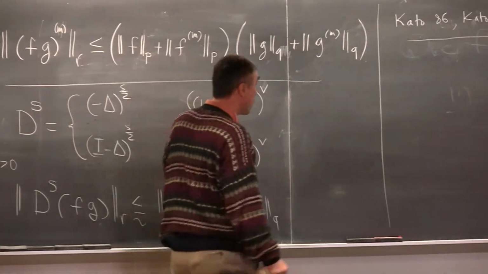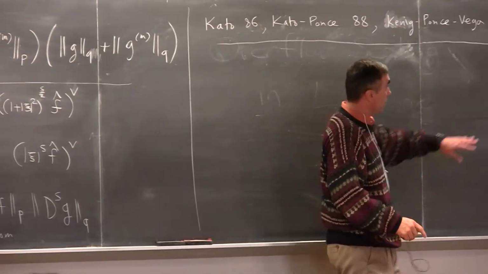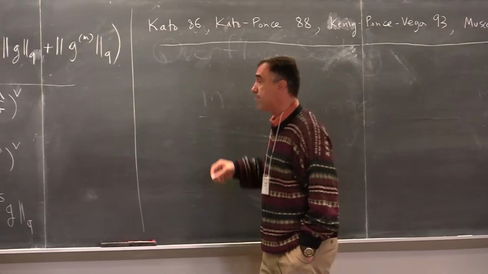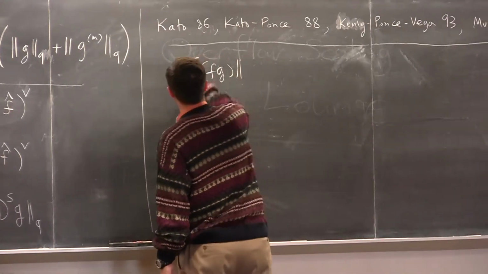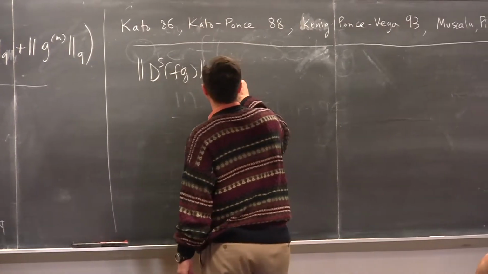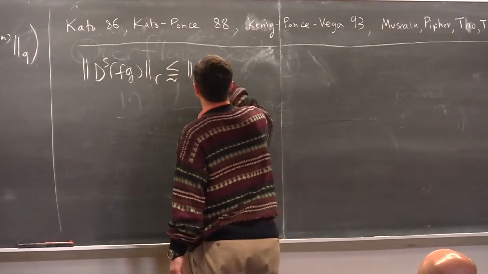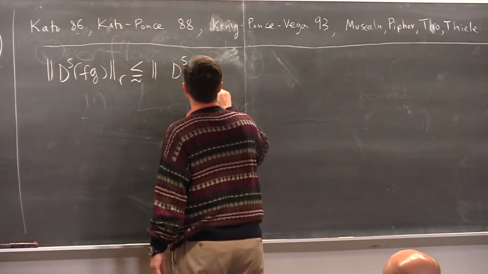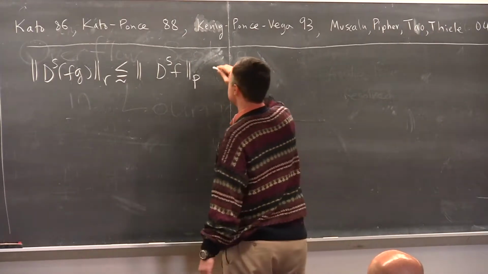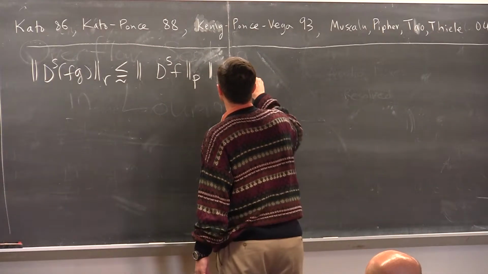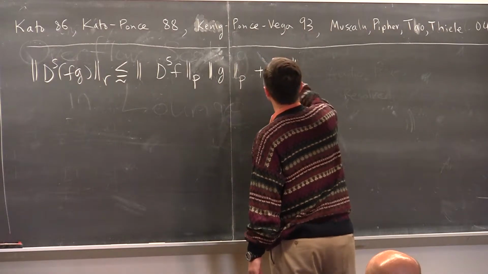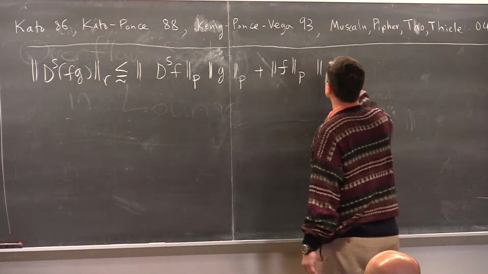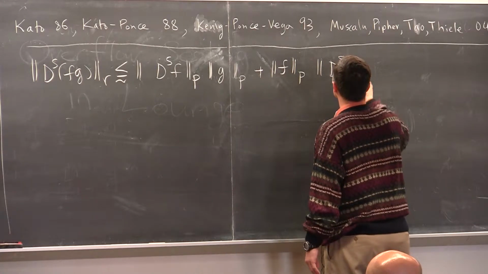So the inequality is the following. At least I'm going to copy the inequality from this paper. If you take the Hölder norm, you're going to get a constant times one function in LP times the other in LQ, plus one function in LP times the other one in LQ.